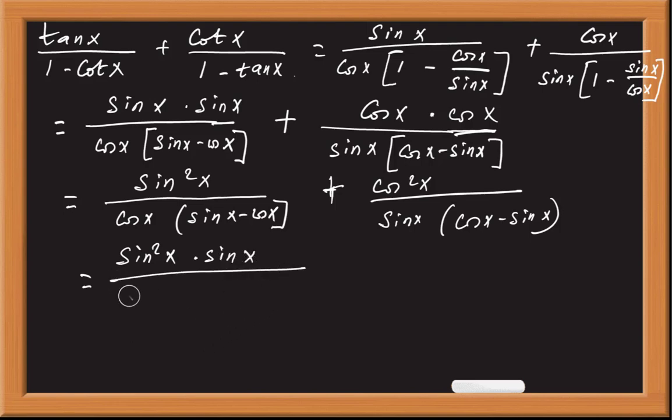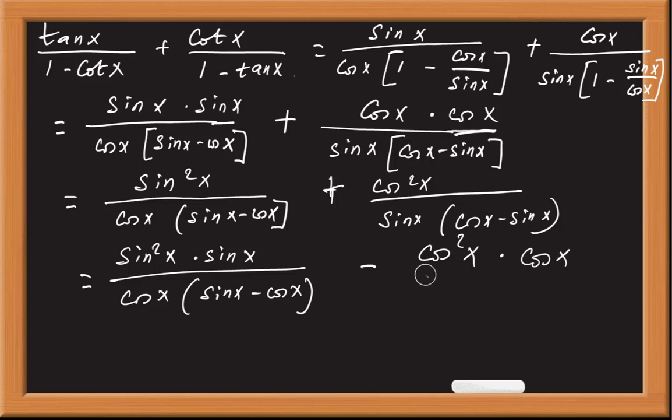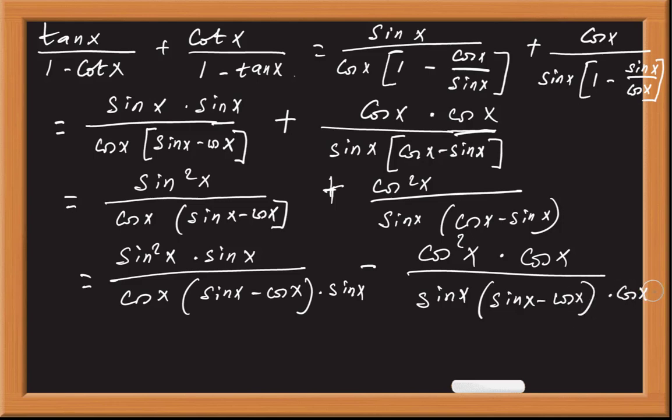So we have sine squared x times sine x over cosine x times sine x minus cosine x, and I'm going to correct this. Now minus cosine squared x times the cosine x to get the same common denominator over sine x times sine x minus cosine x times cosine x.